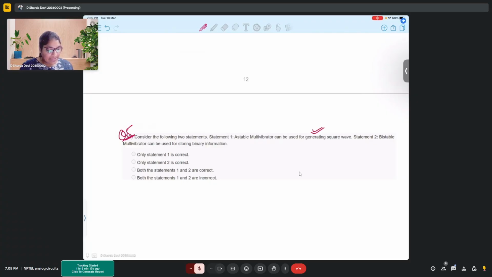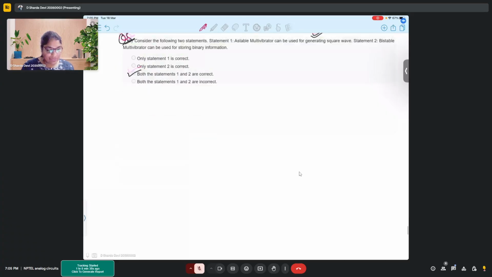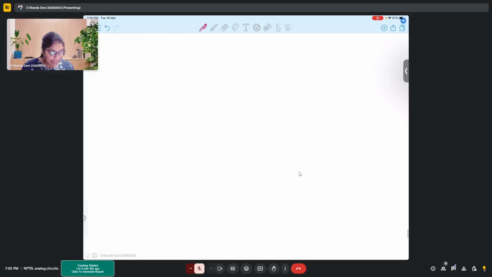So both statement 1 and 2 are correct. The astable multivibrator generates a square wave, and the bistable multivibrator can be used for storing binary information because of the presence of the flip flop inside the circuit.